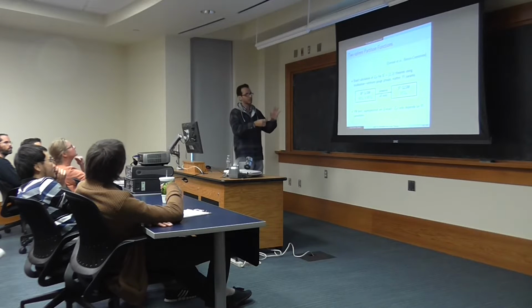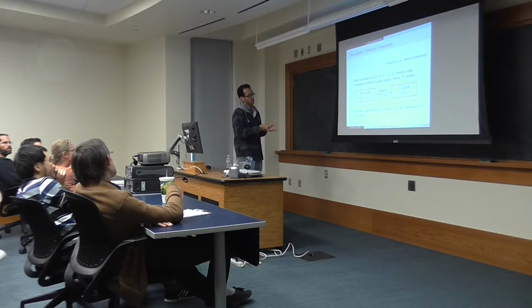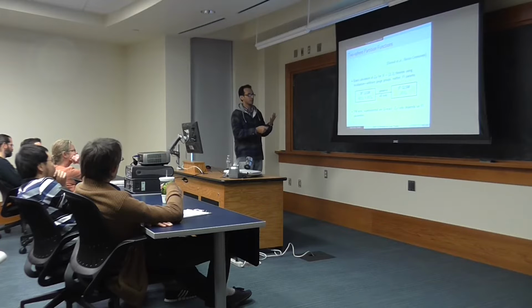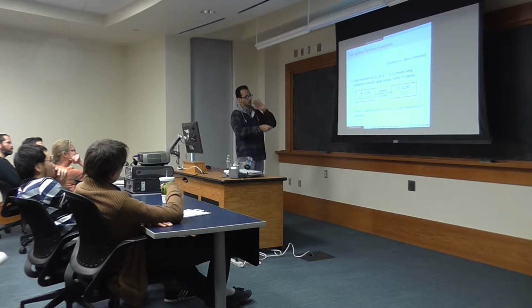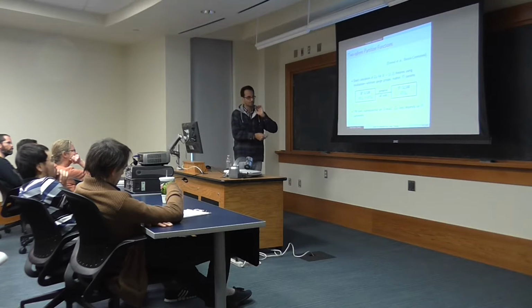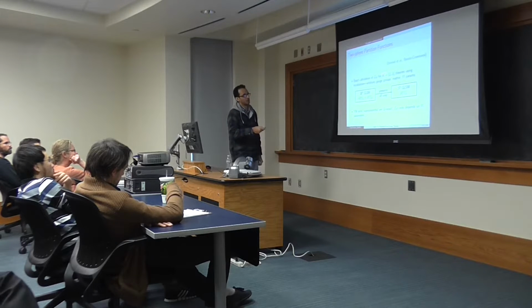So the full path integral of all the fields, and the technique that is used is called localization, and it uses the fact that there's a fermionic symmetry in the field space. You can turn this path integral into a saddle point calculation, and that saddle point calculation is exact. I'm not going to go into details, but there are various checks of this calculation, and it passes all tests. So there's nothing funky going on.